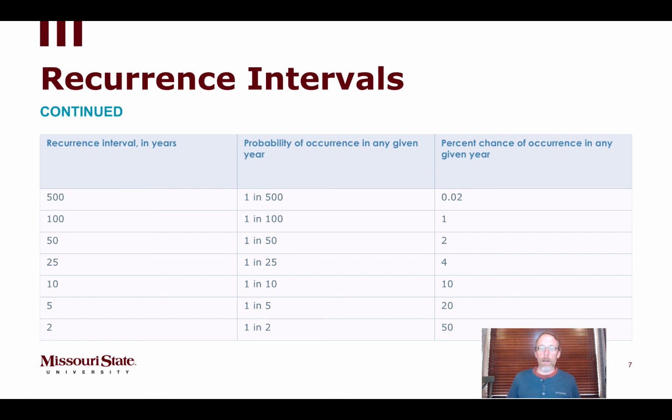The popular lingo is to say a 500-year flood, and that really is a misleading thing, especially for the general public. It sort of leads people to assume that, well, we had a 500-year flood last year, we're good for 499 more years, right? But that's not true. A 500-year flood is just the flood that has a 0.02% probability of occurring in any given year.